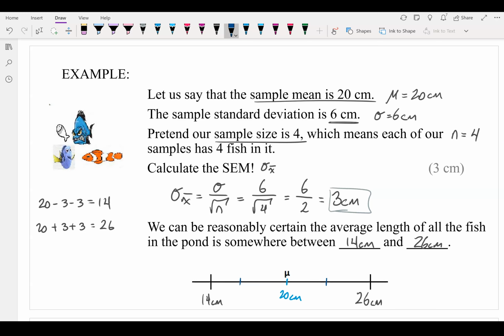That's pretty reliable. We know that 1 standard deviation away from the mean is 17 centimeters. We know that 2 away is 14, and on the other side is 26. We can be almost positive that all of the fish in the pond are going to live in that region between 14 and 26, even though we don't know the lengths of all the fish. Hopefully that's a little bit clear to you.